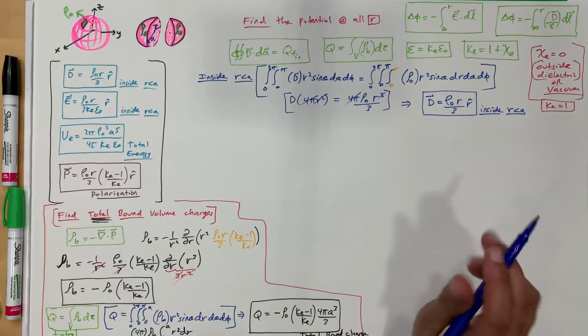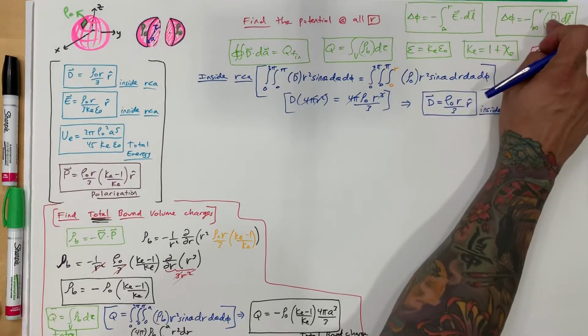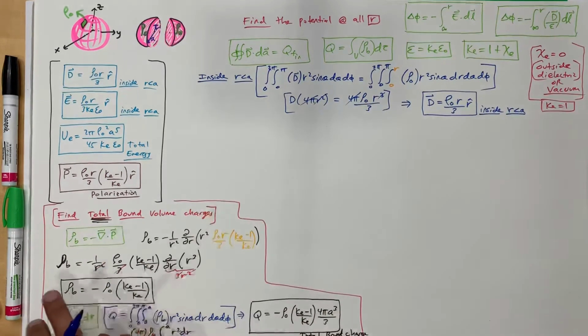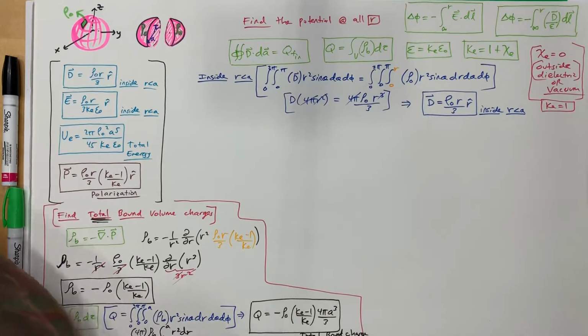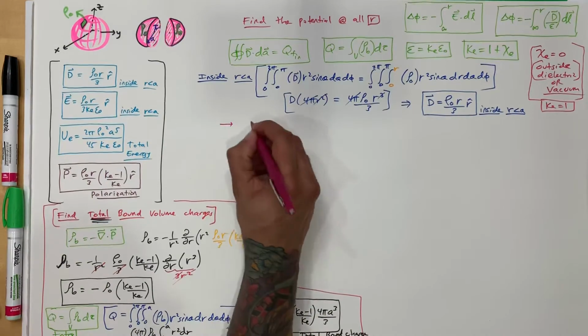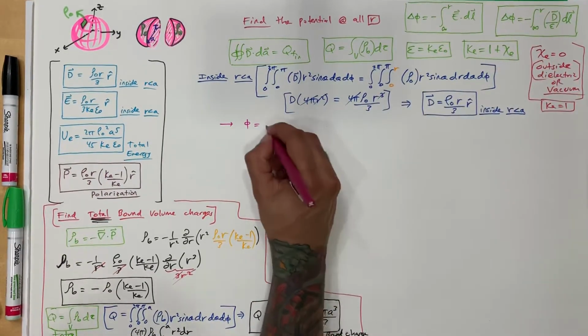Now that we have D, we can plug it into our formula for potential and get the potential for the inside. All right, so now let's plug that into D. So we have potential is going to equal negative, right?